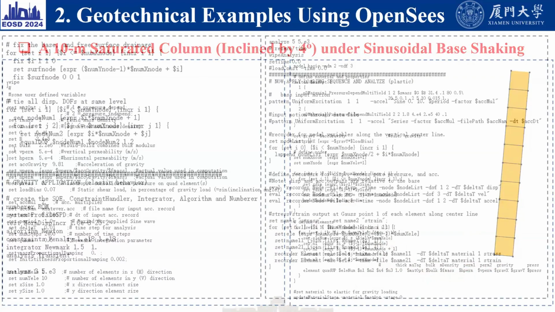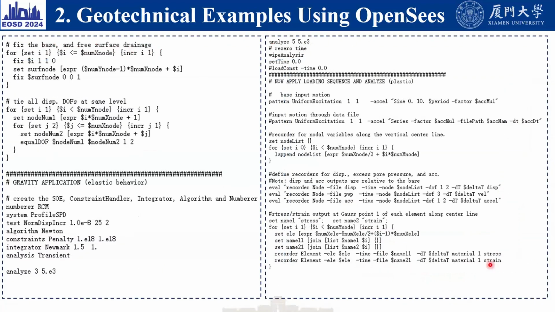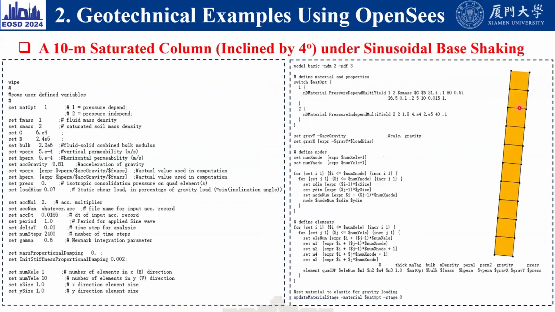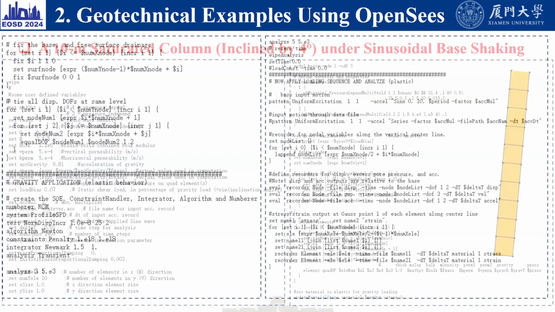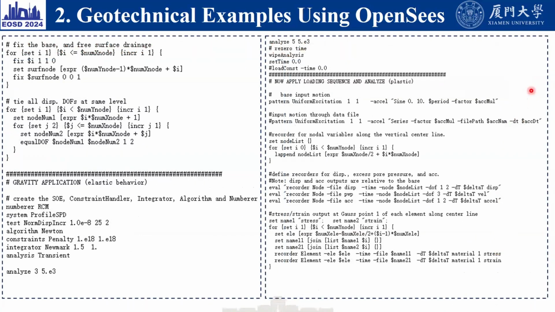Next, we have to define the boundary condition, right? For this soil column, you have to fix the base, and we fix the pore pressure at the top to specify the water table because it's a saturated analysis. For the left node, we tie all node degrees of freedom at the same level, meaning this node is tied to this node at the same level, so that the column just moves horizontally as a 1D soil response.